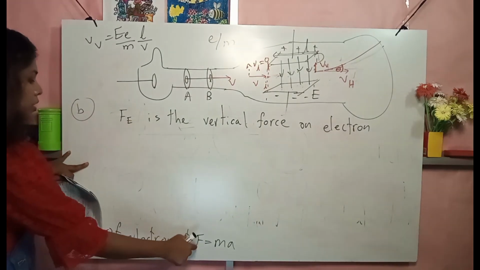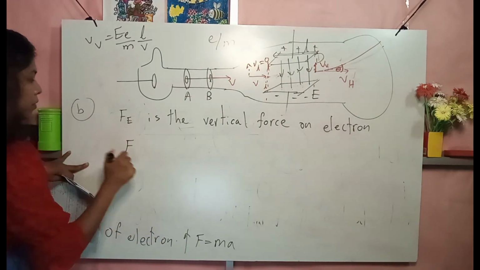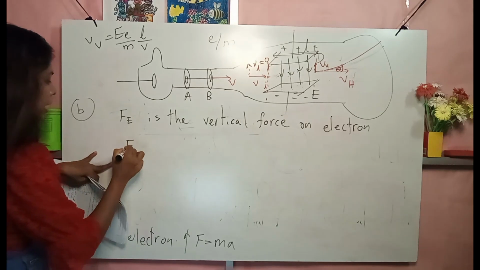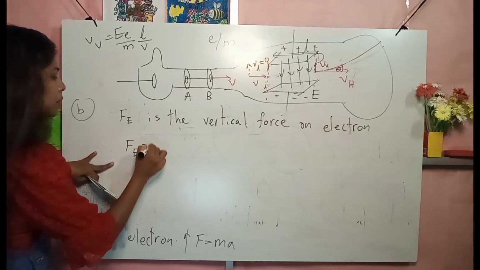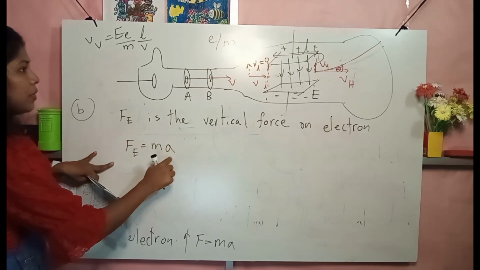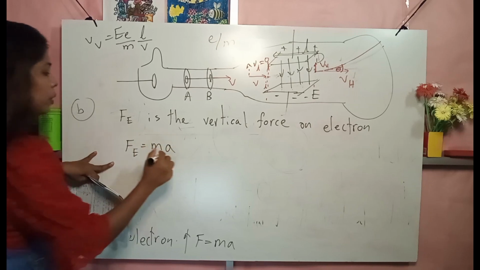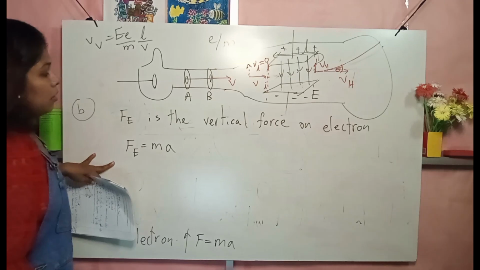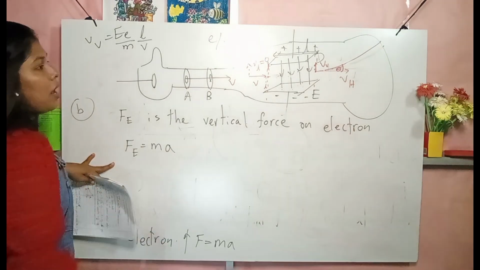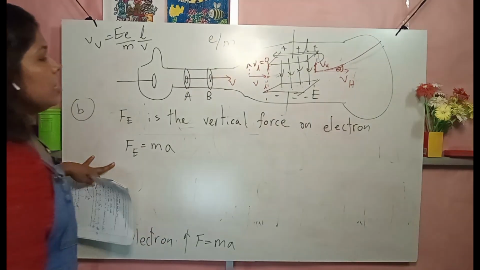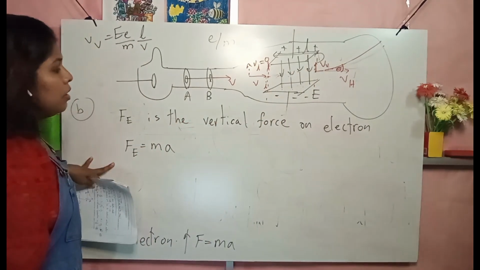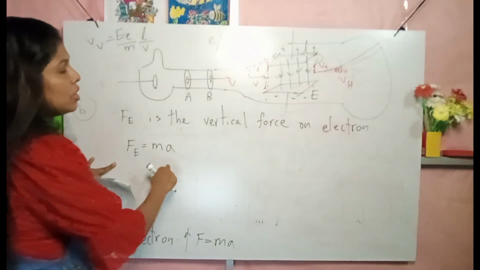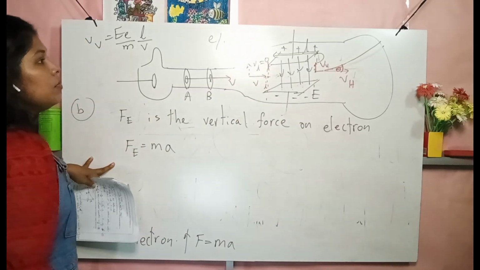Then we can solve F equals ma like this. Fe equals mass into vertical acceleration. Here the acceleration parameter is not provided; only these parameters are provided. So we have to write acceleration in terms of VV.